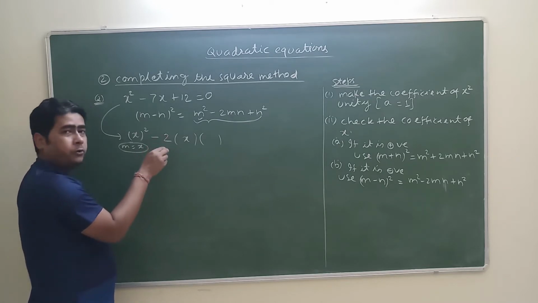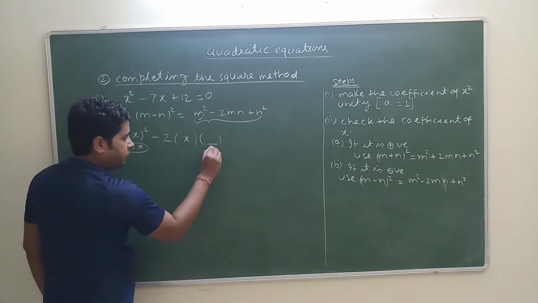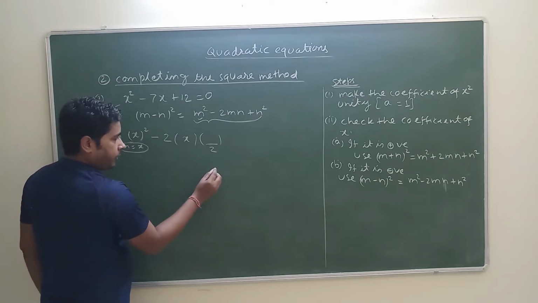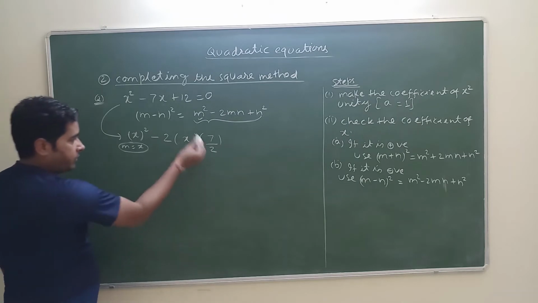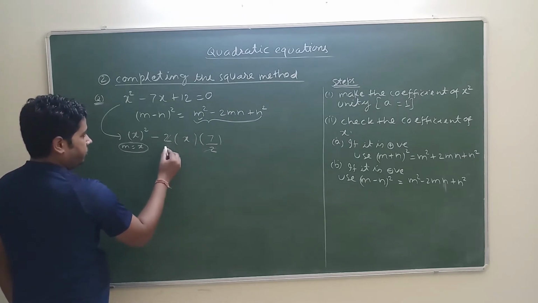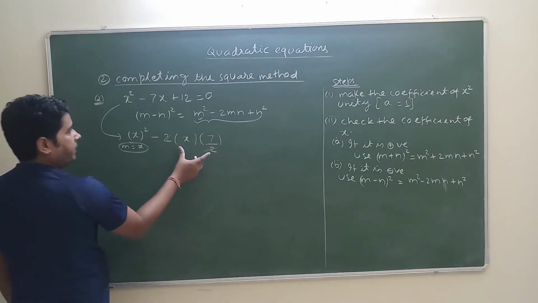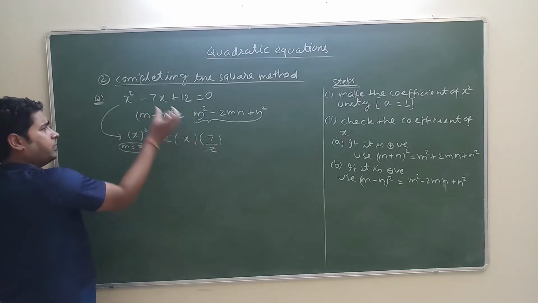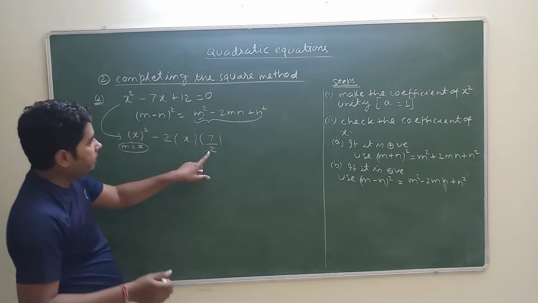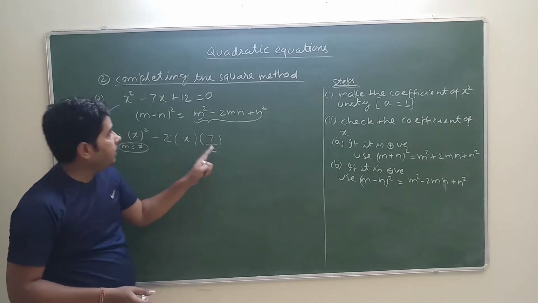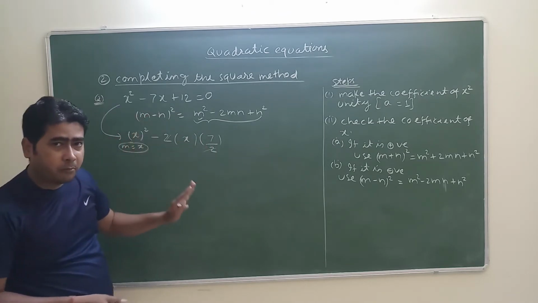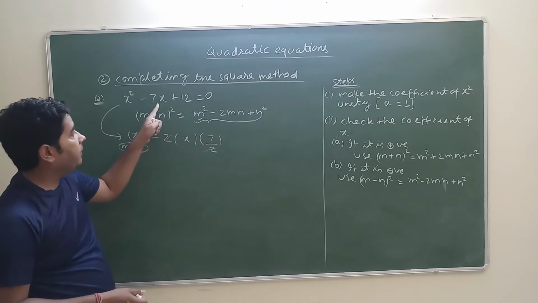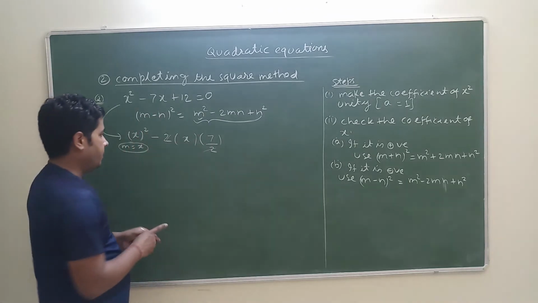We have already written 2 here. Now we need to cancel this 2 first, and then the coefficient of x directly. You can check it once. This 2 and this 2 cancelled. So this is minus 7x, which is just equal to this. So here we will always get the number which is half the coefficient of x. You can make a formula also. This number is always half the coefficient of x.